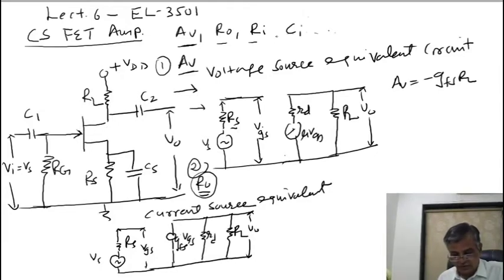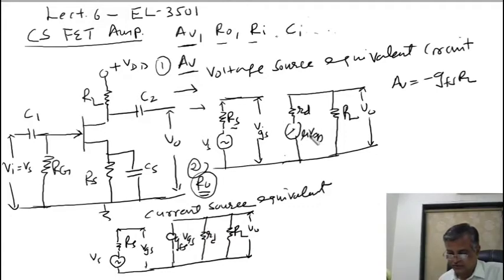A current source is used to provide current. How much current will this provide? GFS into VGS. What is GFS? Current upon voltage. The voltage cancels, so you get current. For a current source, RD should be shown in parallel with the source.